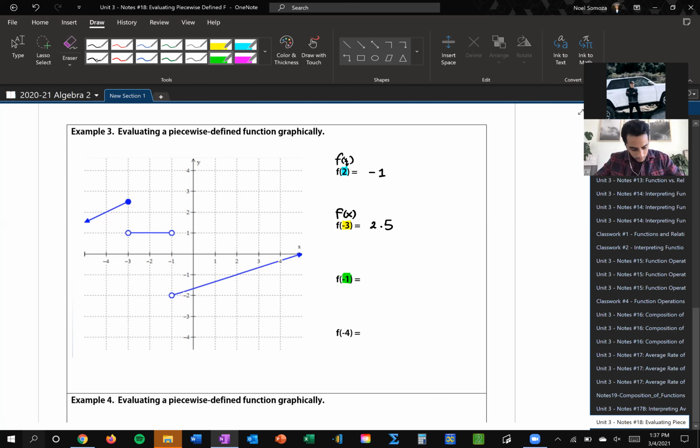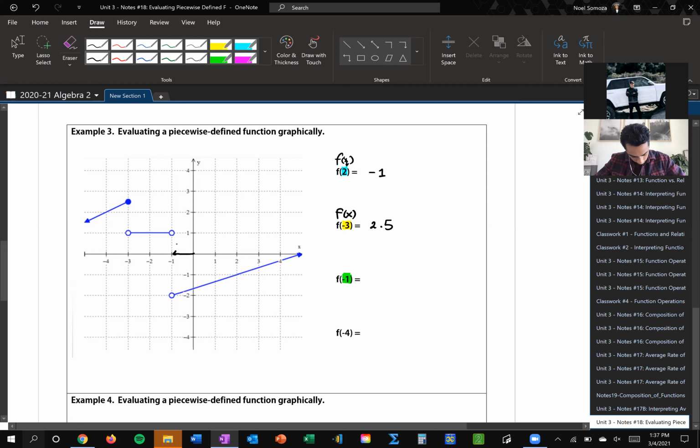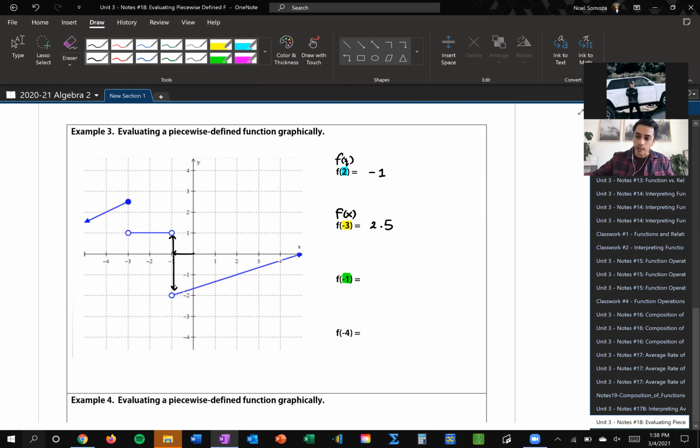Okay. All right. Another tricky one. What is my output when x is -1? Well, I go to -1. If I travel up, am I defined? No. If I travel down, am I defined? No. So in both situations, I'm undefined. Therefore, overall, what is my output when x is -1?